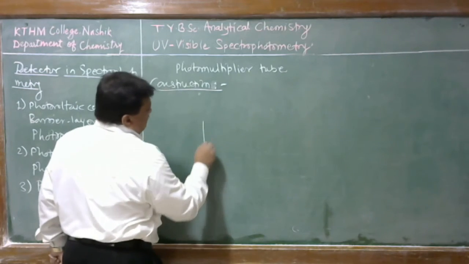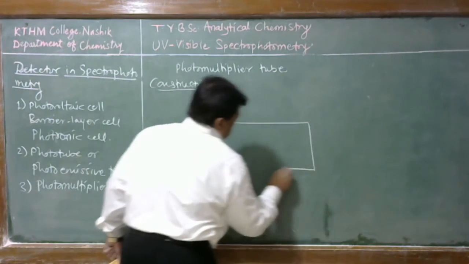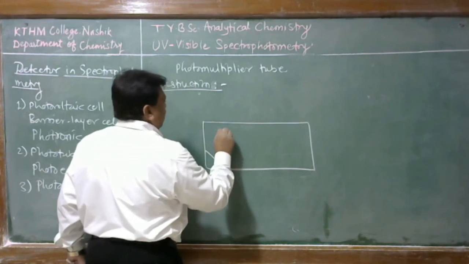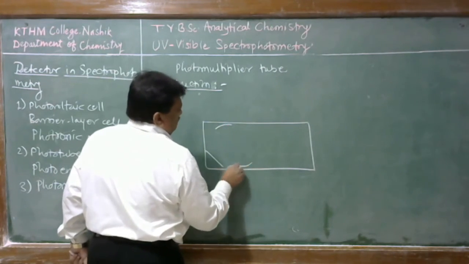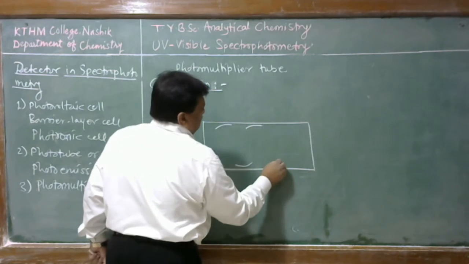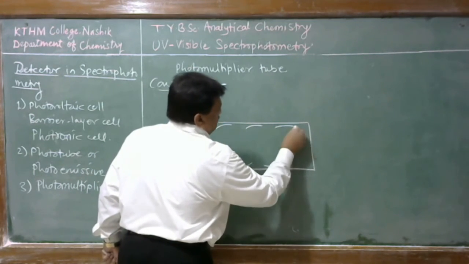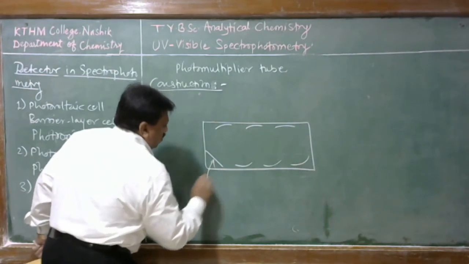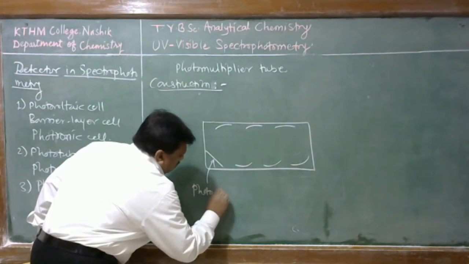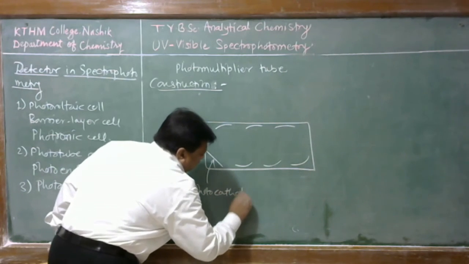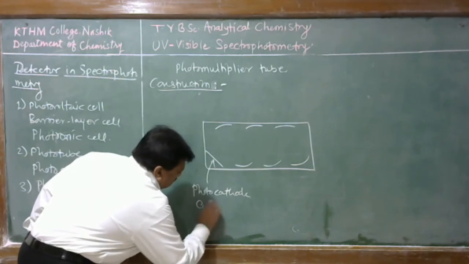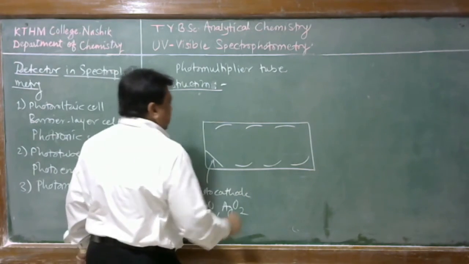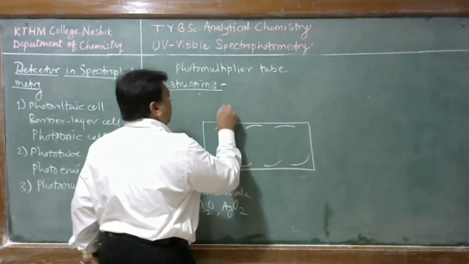Here, one is the photocathode, coated with cesium oxide or silver oxide. These are the diodes.